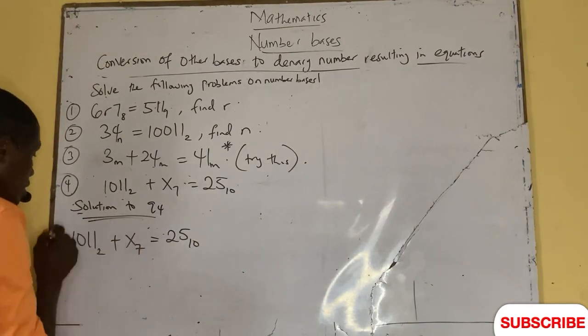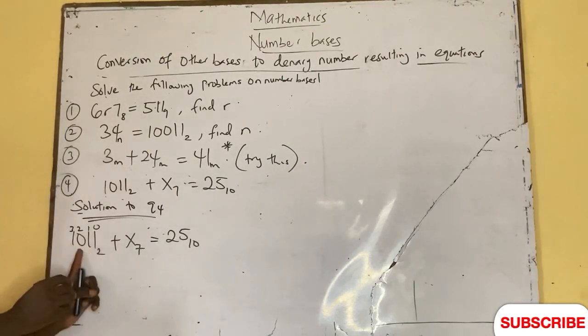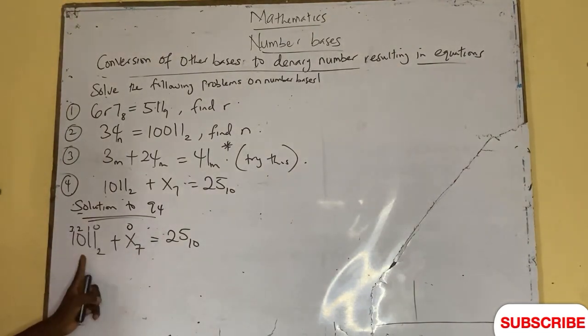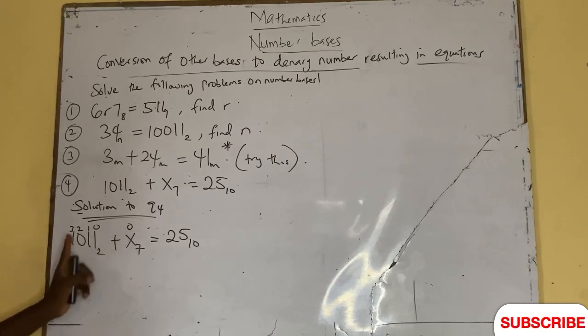So we have 0, 1, 2, 3. You number this one and this one individually, separately. You don't number them together. This one takes its own number, and this one takes its own number.